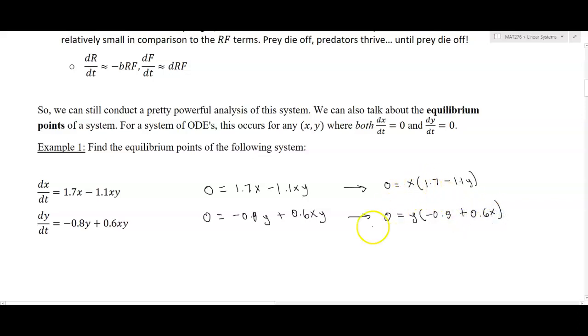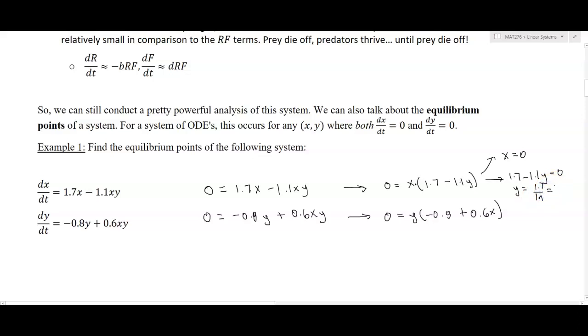Now when I solve the first equation, I'm going to get two solutions. I'll get x equals 0 because we have a product here. So if x is 0, then 0 times anything is 0. And for the second one, I'll get 1.7 minus 1.1y equals 0. And so that's going to give me y equals negative 1.7 divided by negative 1.1, or just 1.7 divided by 1.1.